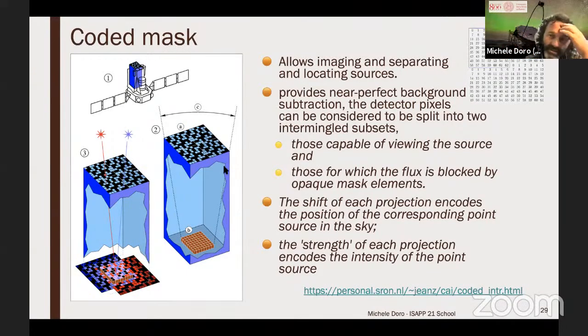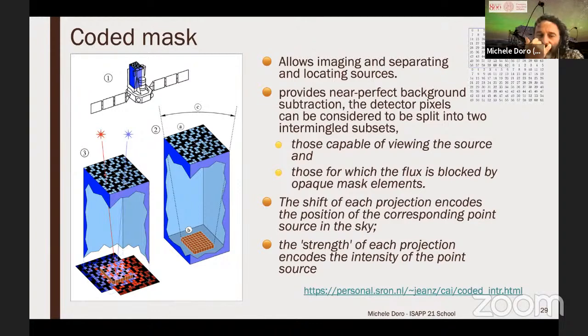Some of those pixels are able to view the source and some are blocked, so at the same time you have signal and background observable. When you observe, there is a shift on this pixel, and by reconstructing the image, you have a reduction of the background.